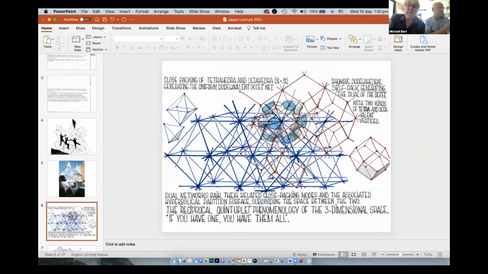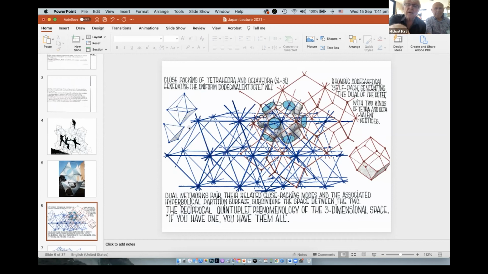Now, here you see an octatras, the blue network. Its dual network is the packing of rhombic dodecahedra. So the rhombic dodecahedron and its compact space packing provides for the first, and 2 solids, tetrahedra and octahedra, with their compact space packing, provide for the second.